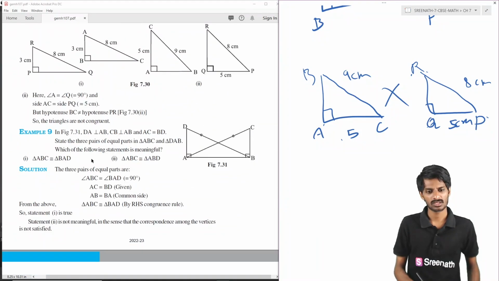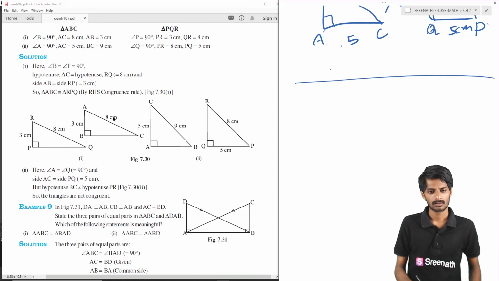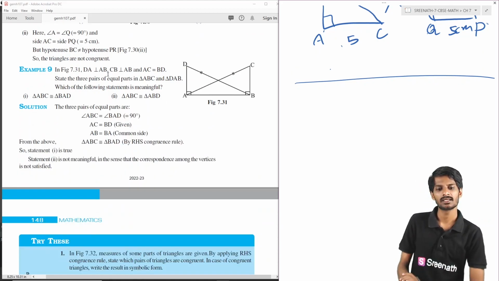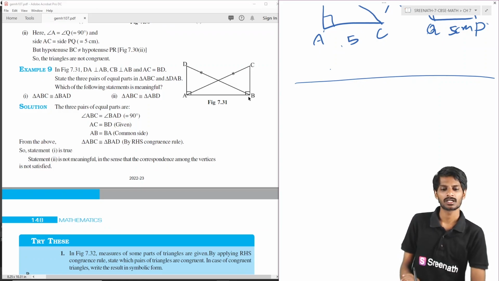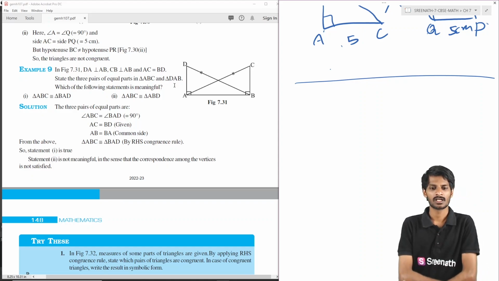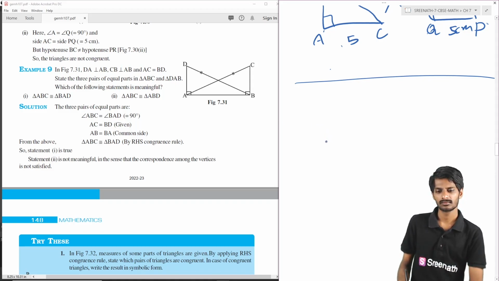So we are going to solve this also, students. In the figure, DA is perpendicular to AB and CB is perpendicular to AB, and AC is equal to BD. Write the three pairs of equal parts in triangle ABC and triangle DAB.